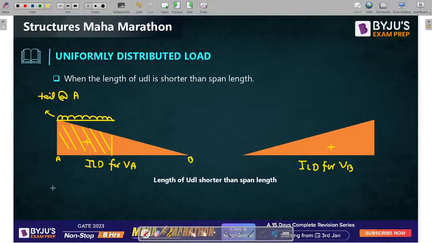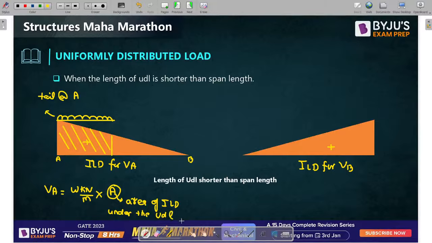So what should be the value of VA in this case? VA equals the UDL intensity, which is kilonewton per meter, multiplied by area. What is this area? Area of ILD under the UDL. Getting a point?